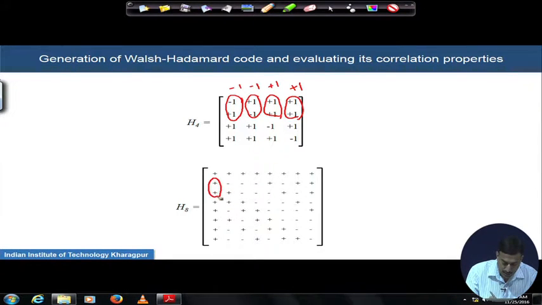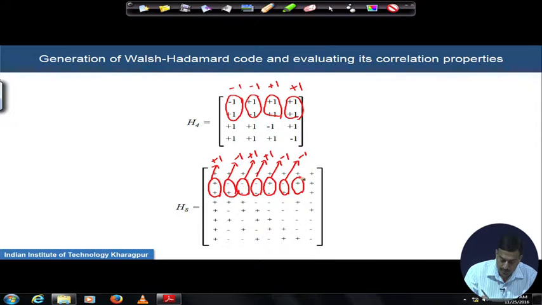For example, we take these two rows, so we see that this is +1, this gives us -1, this again gives us +1, this gives us +1, this will be -1, this will be -1, this is again -1, finally this will give me +1. Of course, I am assuming that plus and minus here stand for +1 and -1 respectively.